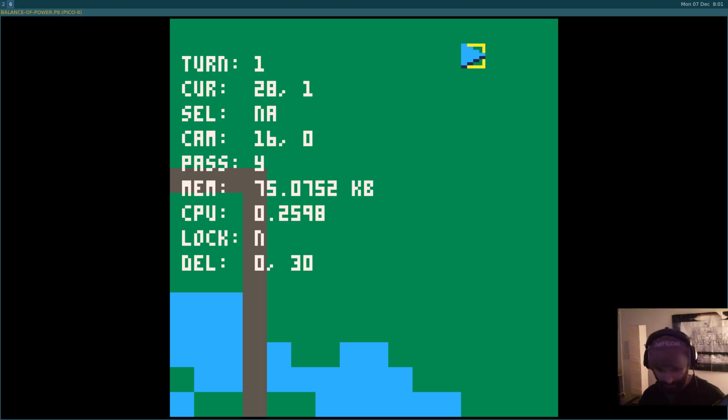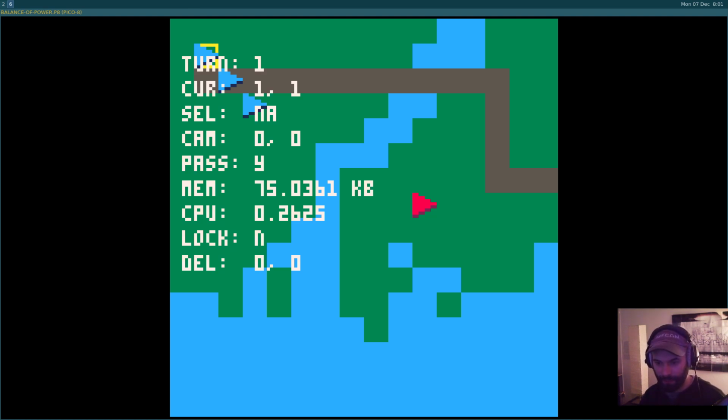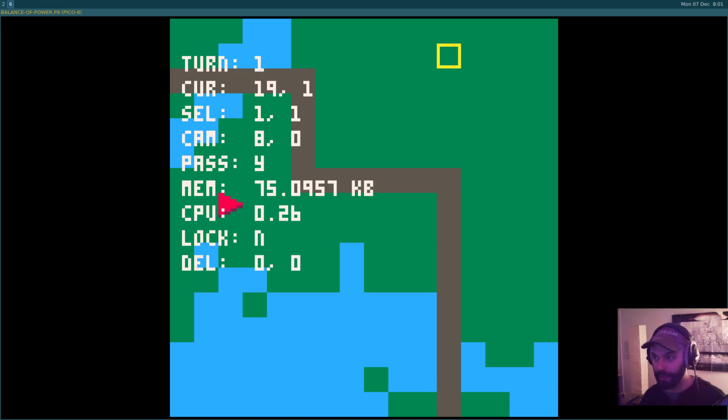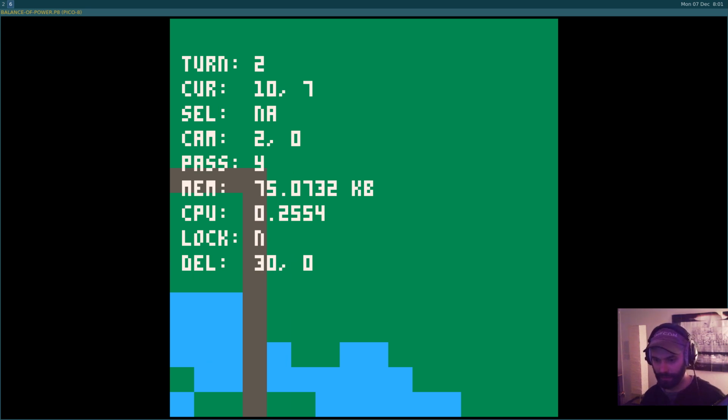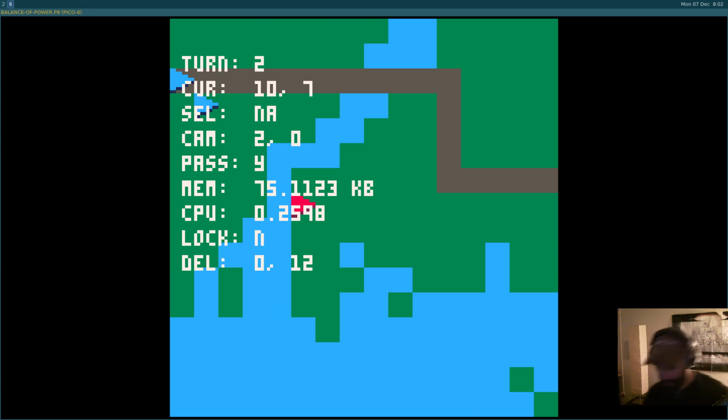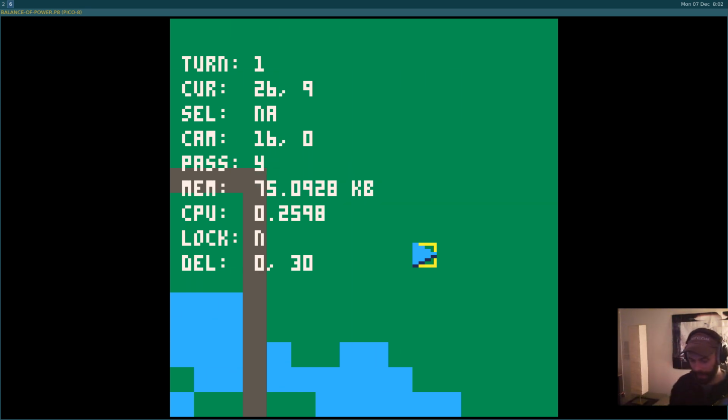One's at 0 at rest and one is at 30. But I don't think I care. Again, given that this is really bad, and we're going to refactor it all out anyway, I don't think I care about this. That feels pretty good, though. I think that's about what I want.